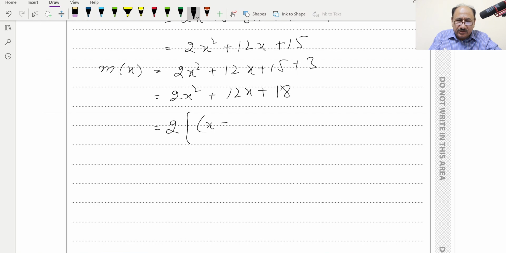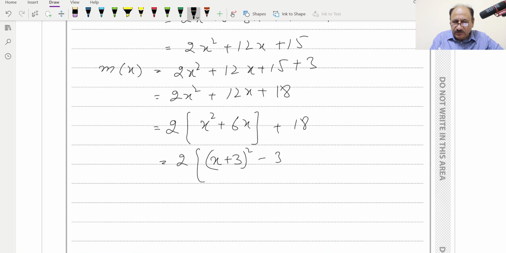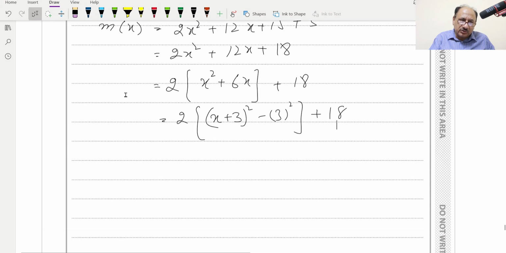Inside will be x squared plus 6x, and plus 18 we will keep separate. This will be x plus 6, so we can write it as x plus 3 squared minus 3 squared and plus 18, and this is by the completing square method.